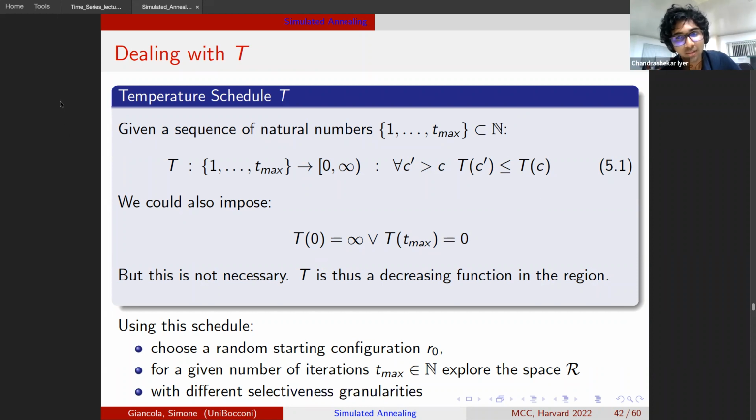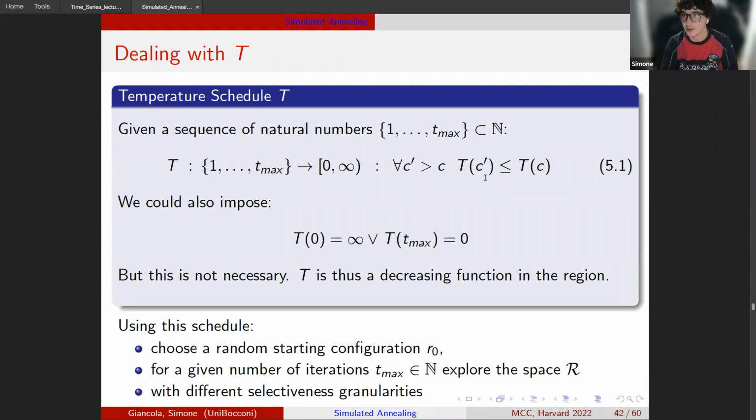Maybe I said this while I was speaking, but if you look at the definition, it's less than or equal. So the proper way is ensuring that the temperature decreases or stays the same at each iteration, so that we are either as selective as before or we become more selective.